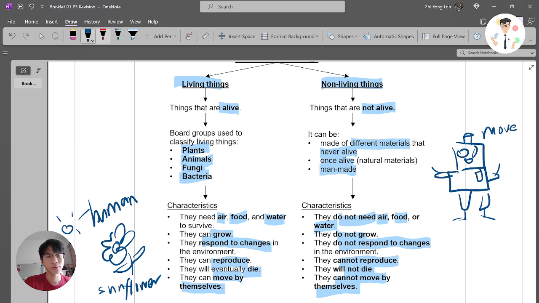But can it be considered a living thing? It can move, right? But again, living things should have all six characteristics that are listed here. So we can't just categorize the robot as a living thing. And that is basically the part on classification of things, living things and non-living things.